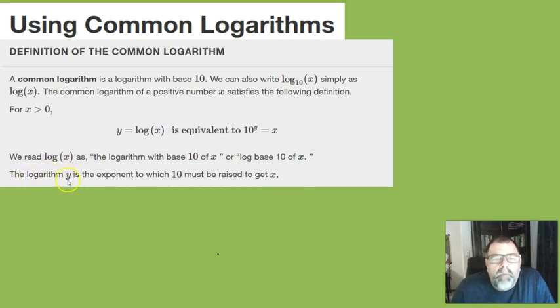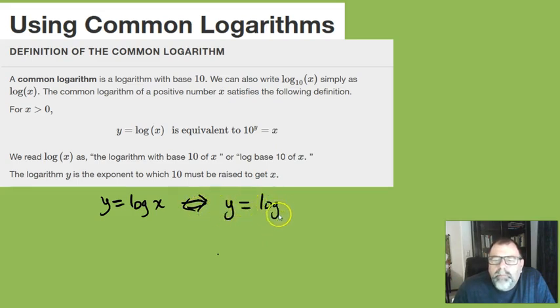The logarithm y is the exponent to which 10 must be raised to get x. So the common log, y equals log of x, is equivalent to that, but it's also equivalent to y equals log base 10 of x. This is the common log.